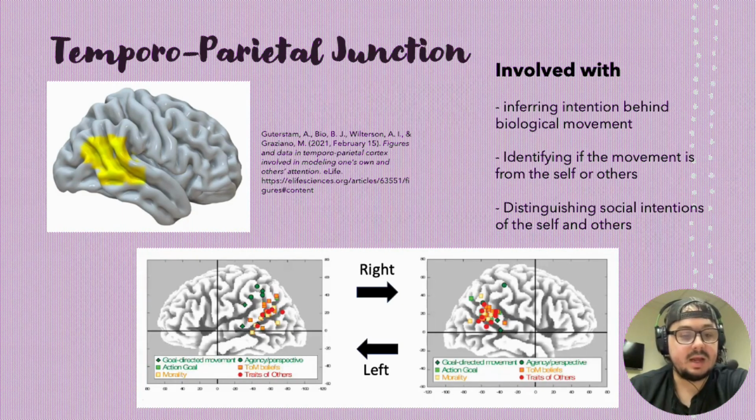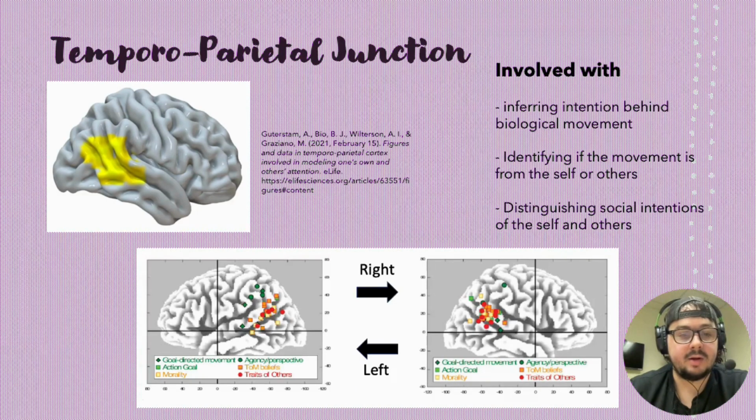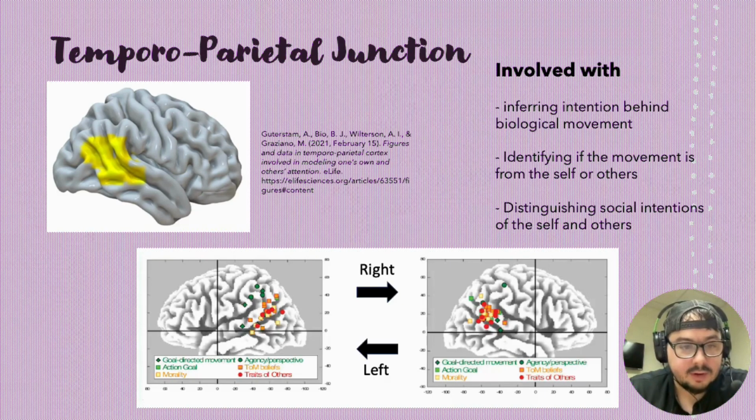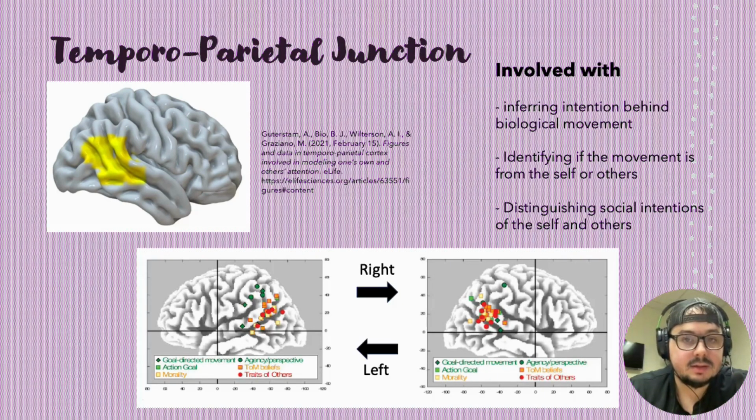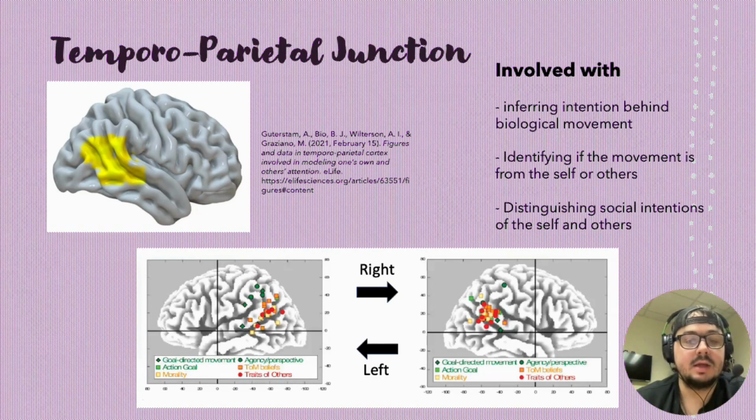And as we can see here with some brain scans that have been done in a meta-analysis, we see that a lot of the activity that happens in the temporoparietal junction involves goal-oriented movement, theory of mind, or the ability to understand the emotions of others or understand the goals and agency of others.